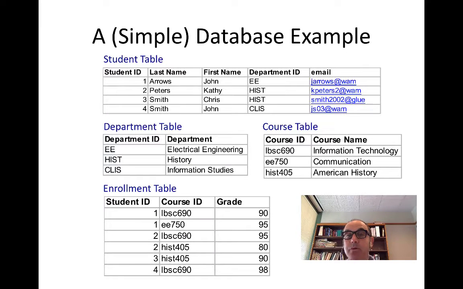Let's see an example. This is an example of a table, and it consists of student ID, last name, first name, department, and email. Again, this database doesn't have that you are funny. It doesn't have the idea of what attributes you always bring into the party.